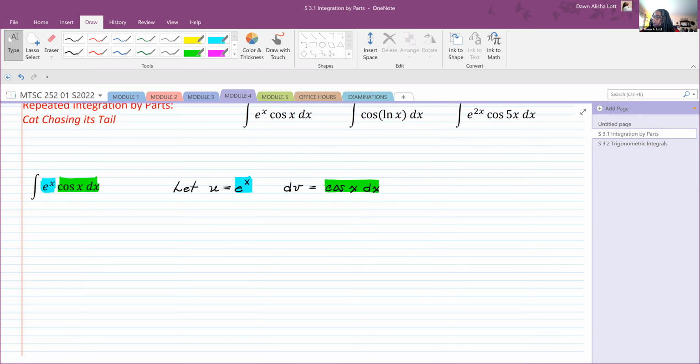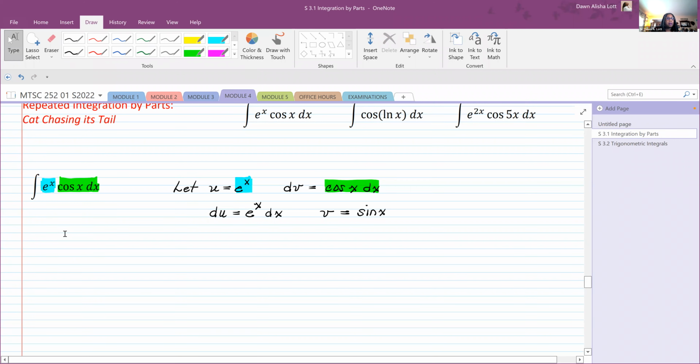So now du is e to the x dx, and v is the integral of the cosine, which is the positive sine. Any questions so far?